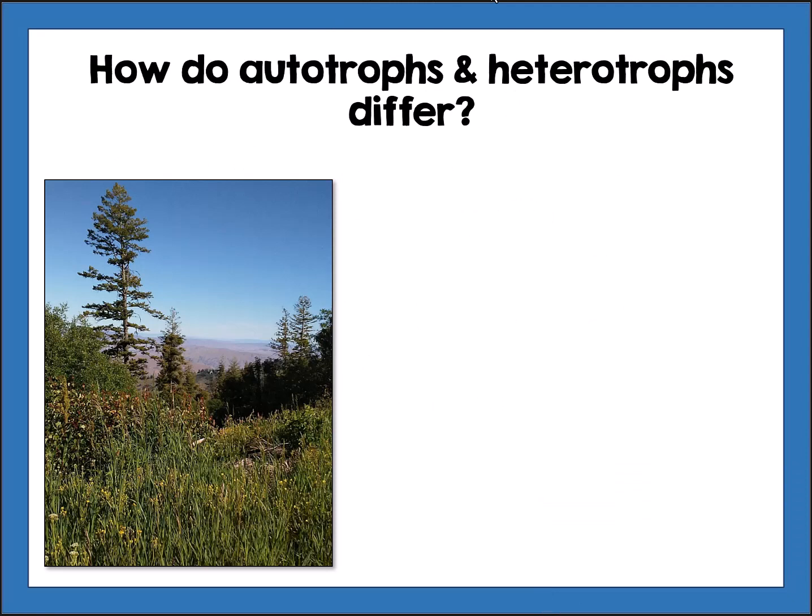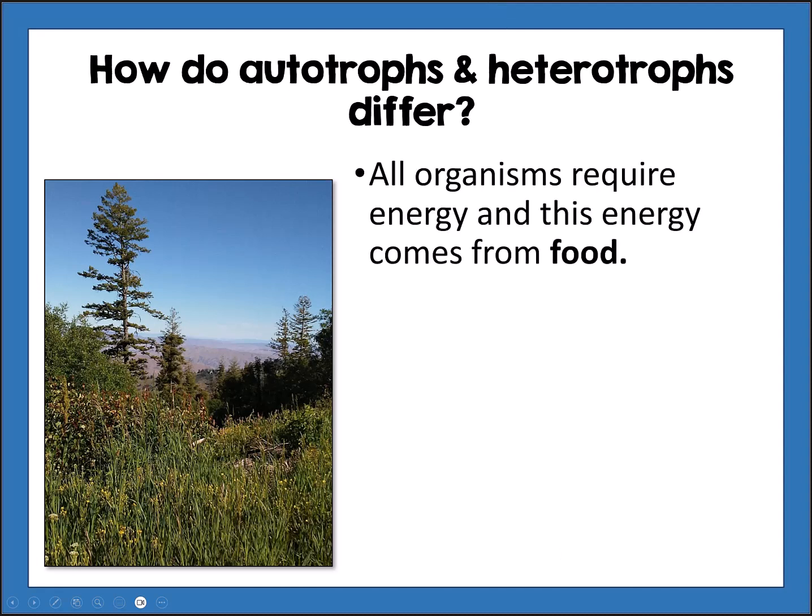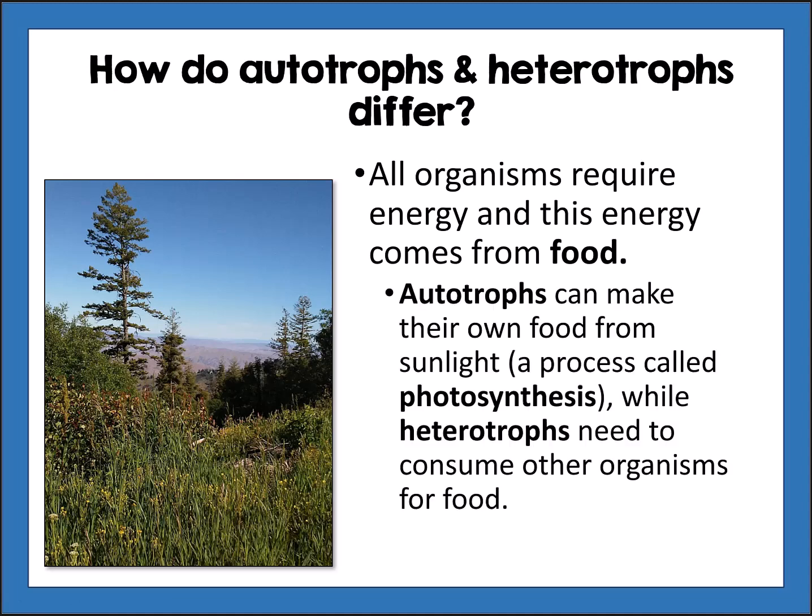So what organisms use these processes of making and storing energy and using energy? We divide organisms into two different major sections. First of all organisms require energy, and this energy comes from food. But autotrophs can make their own food from sunlight.